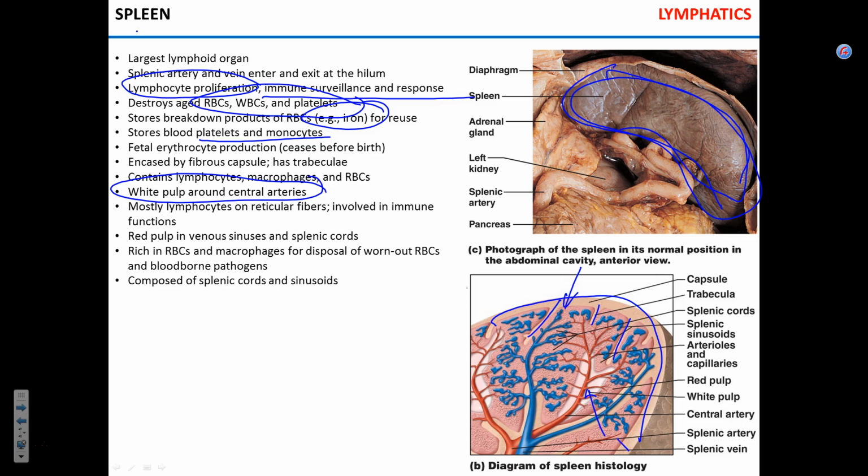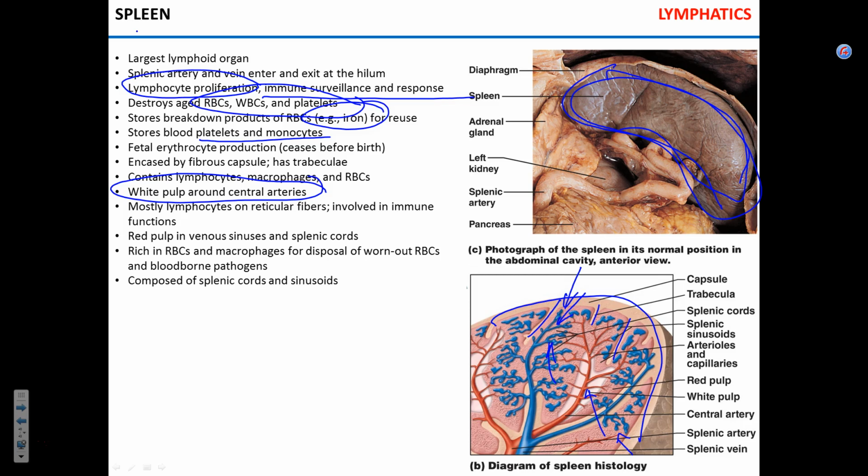Red pulp is penetrated by a bunch of splenic sinusoid capillaries. You can see them here, and that's where the red blood cells and macrophages are. Red blood cells can be released back in the blood, and macrophages in the spleen dispose of the pathogens and old blood cells.